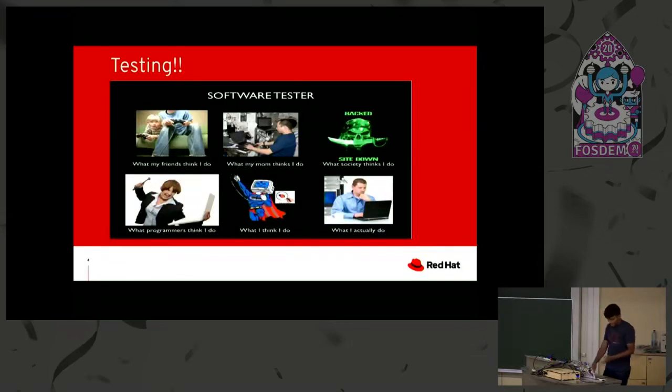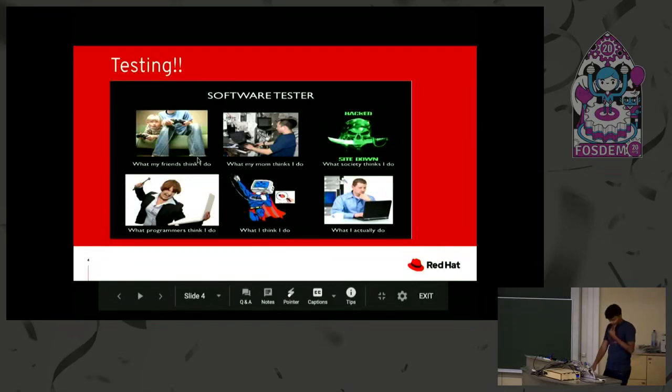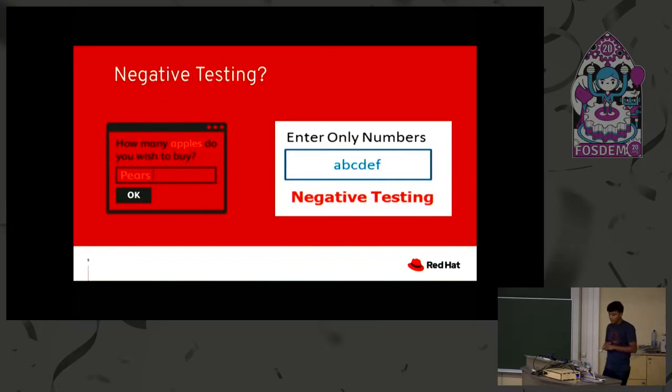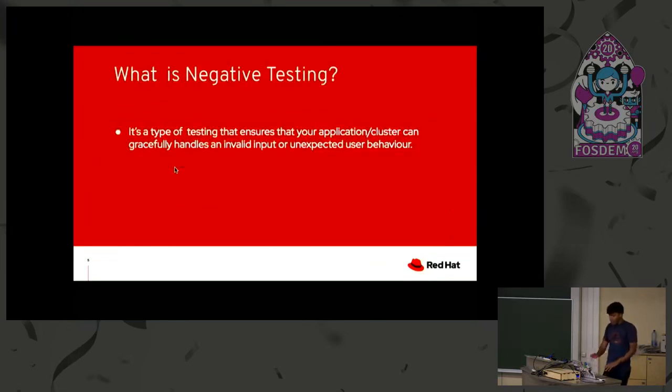So this is what society thinks about people doing testing. In particular, we'll talk about negative testing and how it works. These are some very basic examples for negative testing. Basically, negative testing means your system, application, or cluster should be ready to handle all the unexpected situations gracefully.